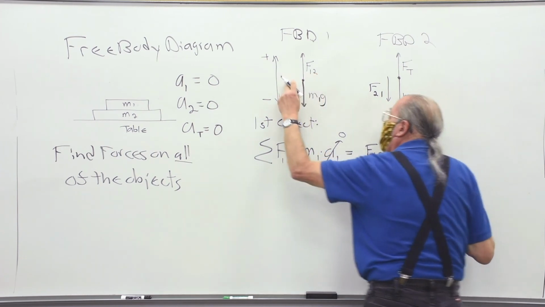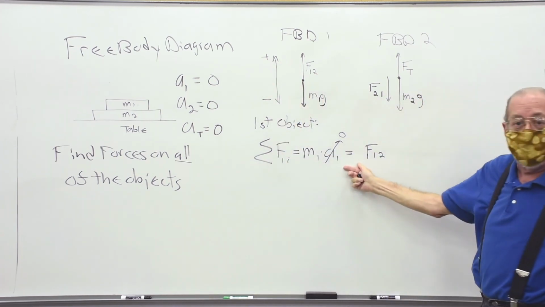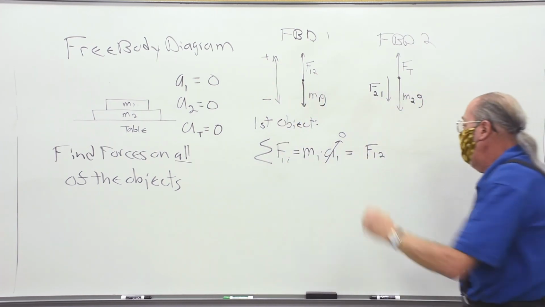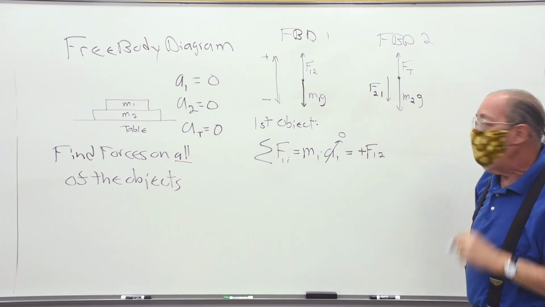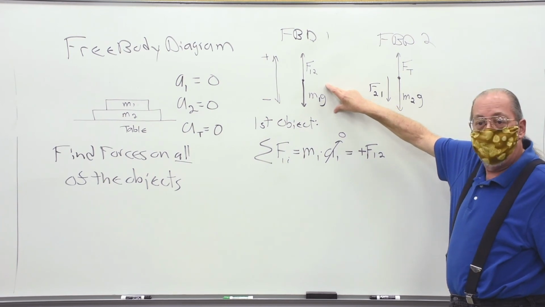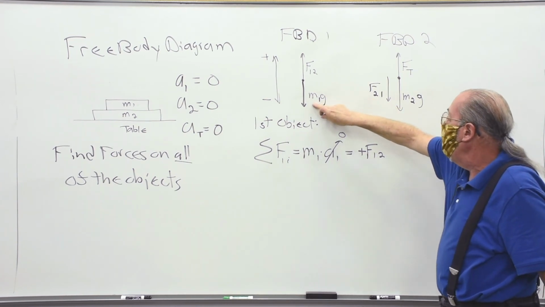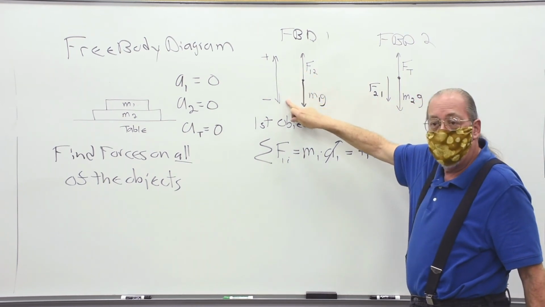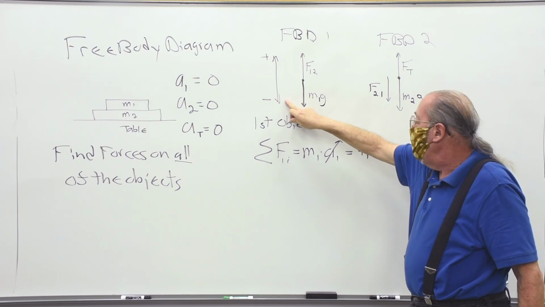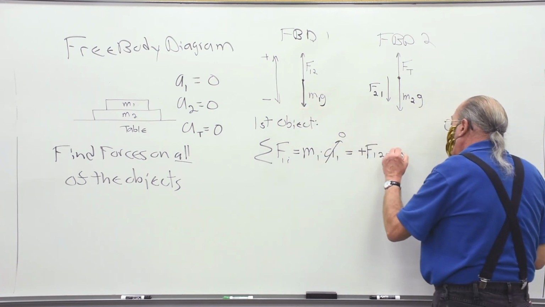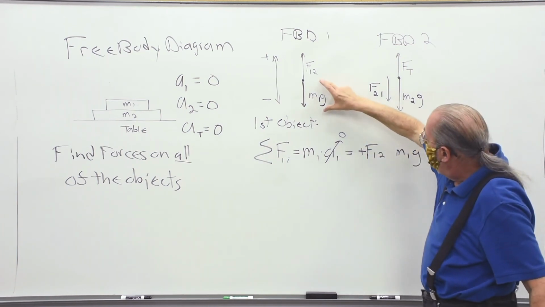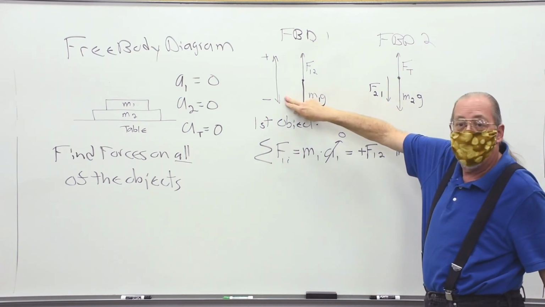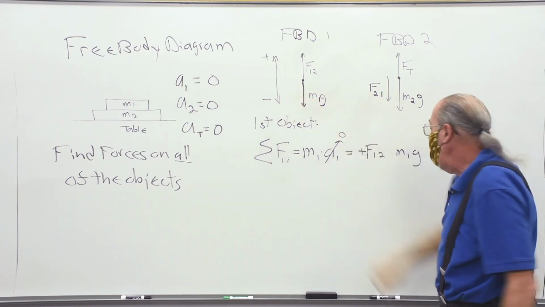And since it's pointing along the plus direction, is this plus or minus? Plus. Okay, what about the gravitational force? It too is parallel to the chosen axis. So it is m1g, but does it have a positive or a negative component? Negative.